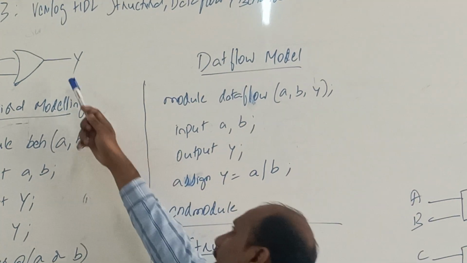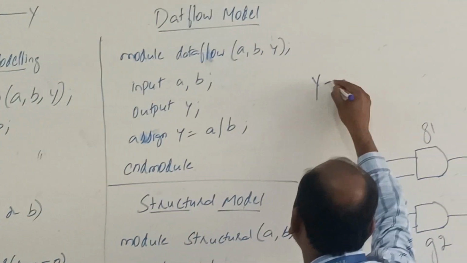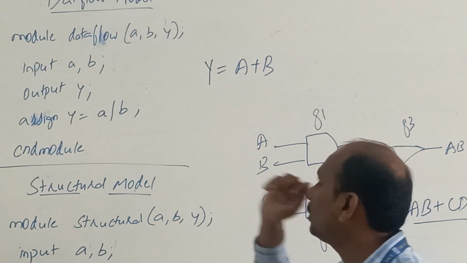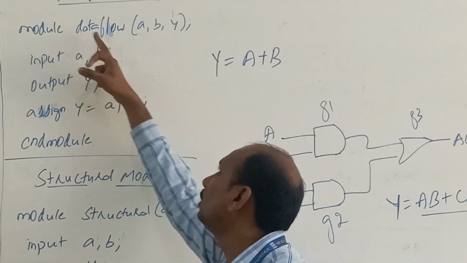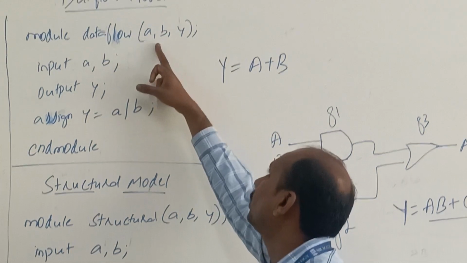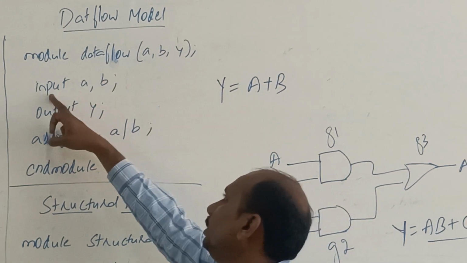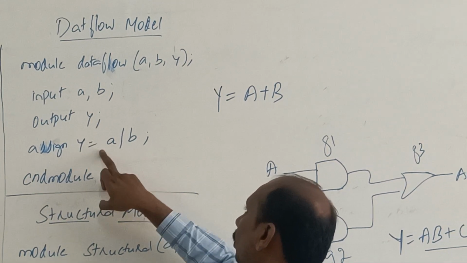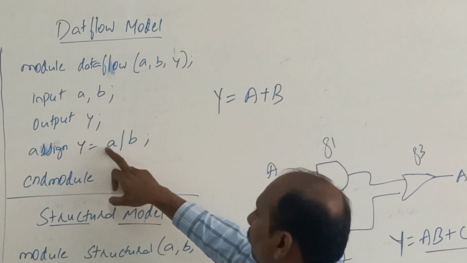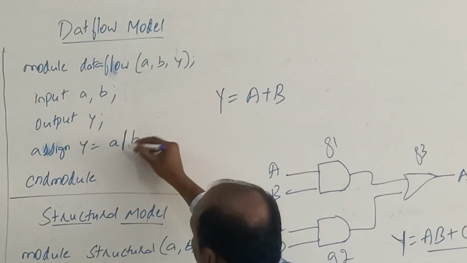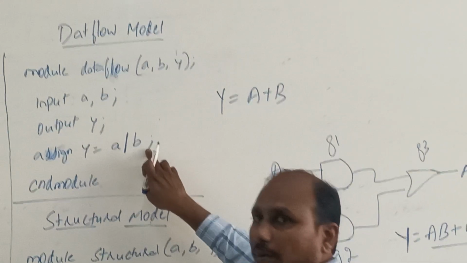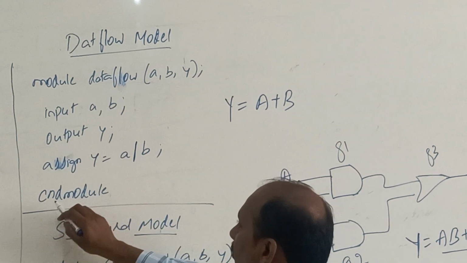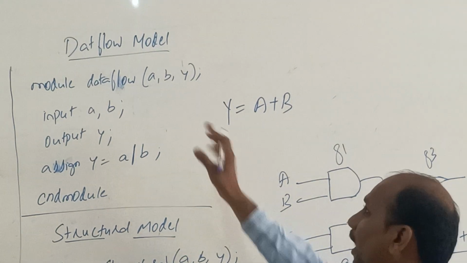We know how to write the equation: Y equals A plus B. Now for this equation I write the dataflow. Module is a keyword, dataflow is the module name, and the inputs and outputs are A, B, Y, where the inputs are A comma B and the output is Y. Now I write assign Y equals A plus B, where plus is indicated by the pipe symbol, A | B. Once you are done, this is the end of the program, so I write endmodule. So this is the dataflow model.